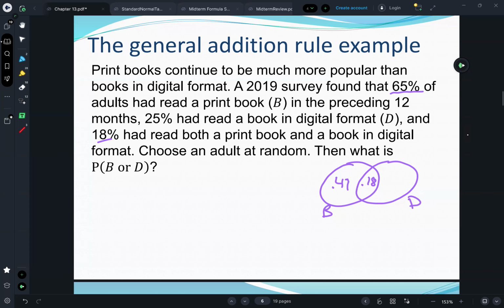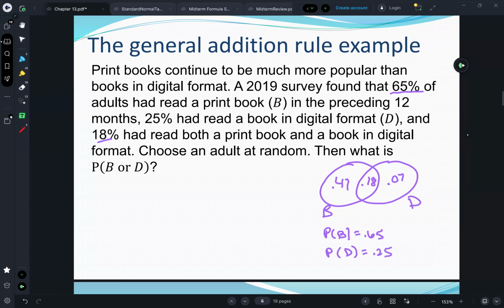So it's going to be 7%, so 0.07, right? 0.07 plus 0.18 comes to 0.25, right? Because the probability of B is equal to 0.65, and the probability of D is equal to 0.25.